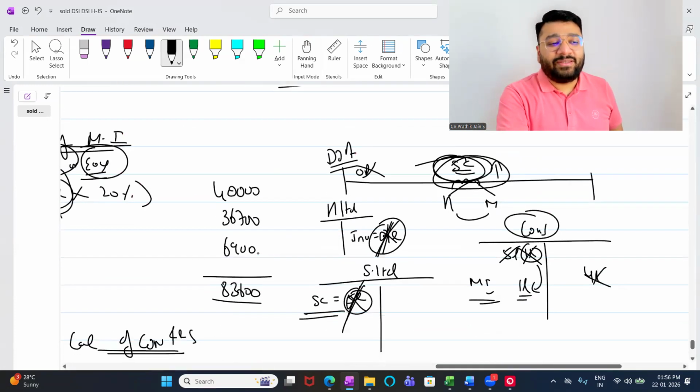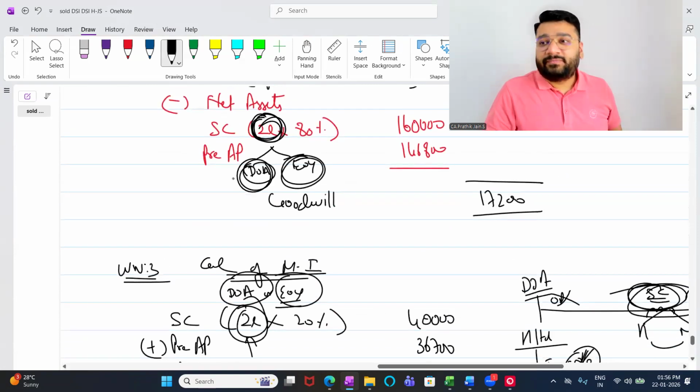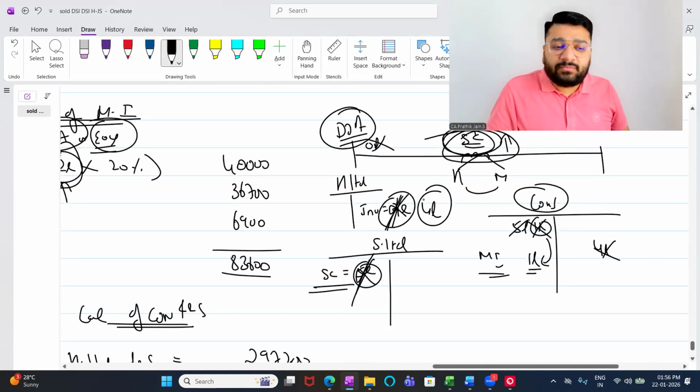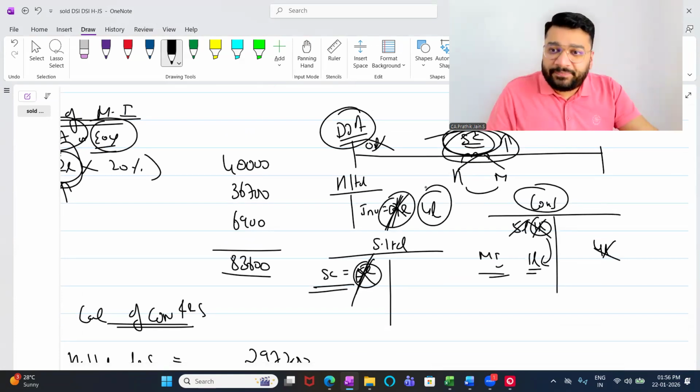My question is, you said this 2 lakh rupees is the share capital on the date of acquisition. I'm not saying whether it is right or wrong. I'm telling you, what do we do on the date of acquisition? Imagine the holding company has invested 4 lakh rupees in the capital of S Limited, which is 5 lakh. Got it? So when I merge these both together, what happens?